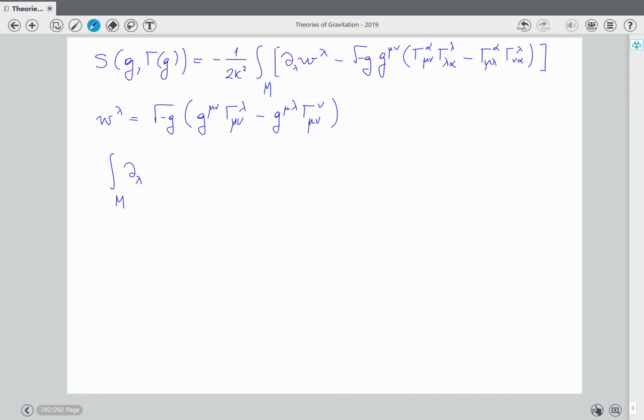The integral of that is equal to the integral on the boundary. So that's a total derivative, so it can be written as an integral on the boundary of what? How to write that in a completely covariant form? The surface element, integration element, is equal, now we check it, but first I write it, is equal to this.